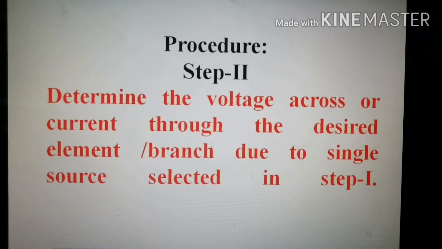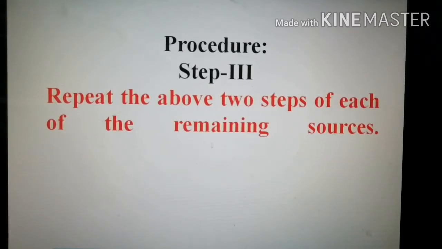It means that we are going to calculate the current in the specified element or branch with the help of the selected source. Now step number 3: repeat the above two steps for each of the remaining sources. Whatever we did in step 1 and step 2, repeat these 2 steps for all other remaining sources one by one.